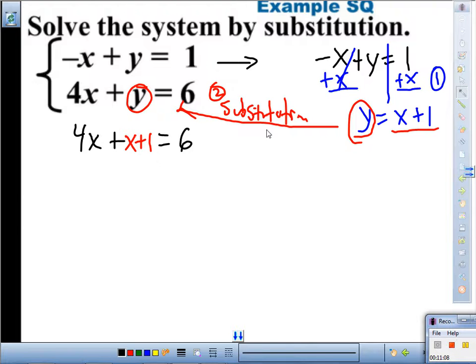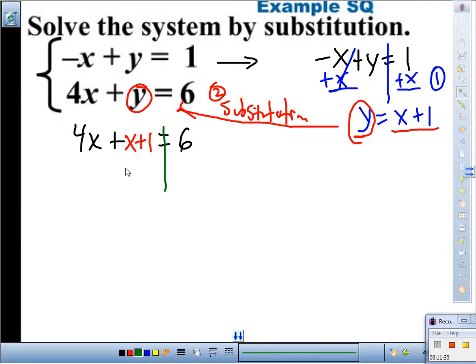All right. So step 1, what was the most important step that we said? Solve one of the equations for one variable. Step 2 is what makes this method called what? Substitution, because we substitute into the second one. However, look at this. Doesn't this look familiar? Yeah, so let's do that in green.